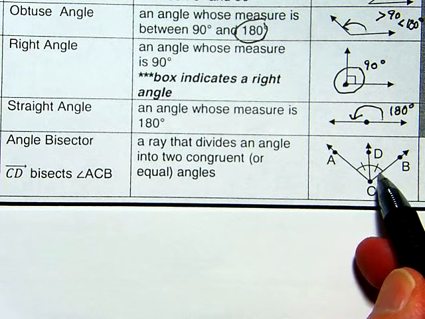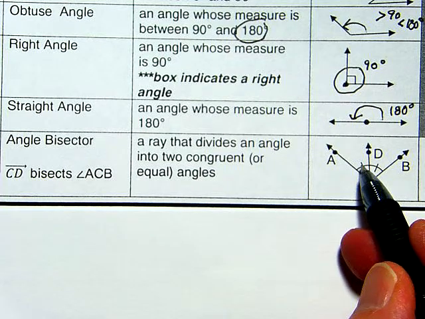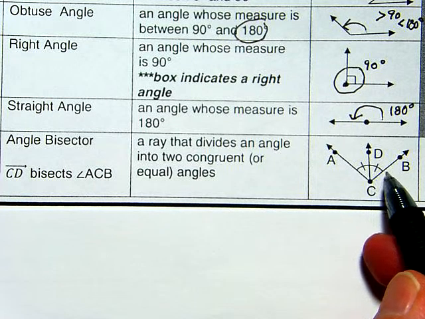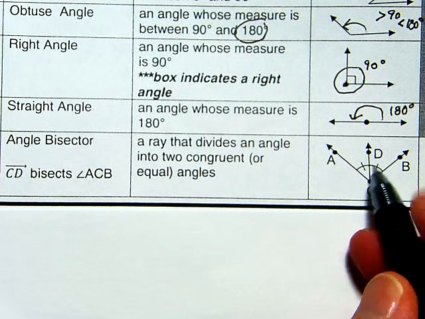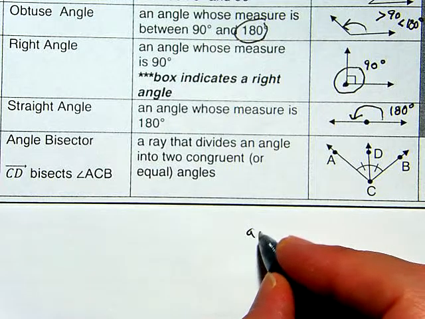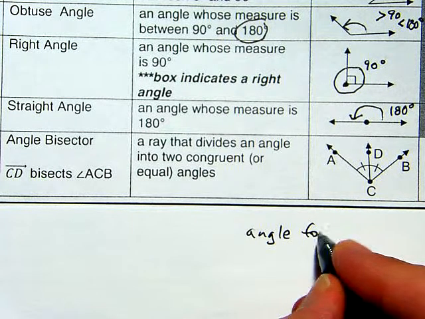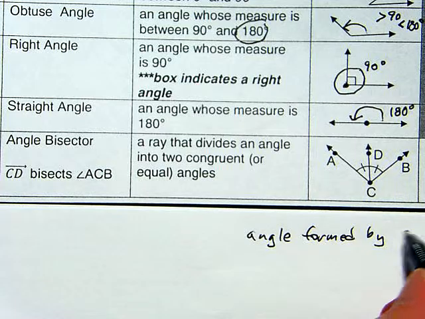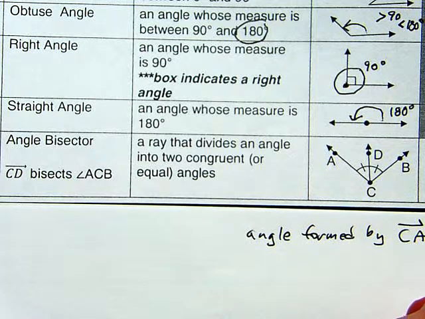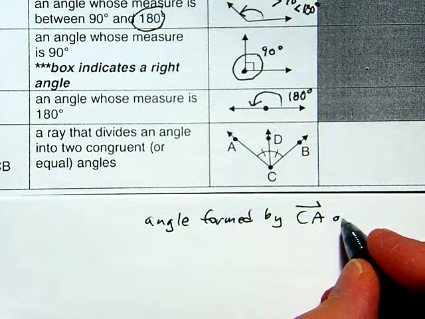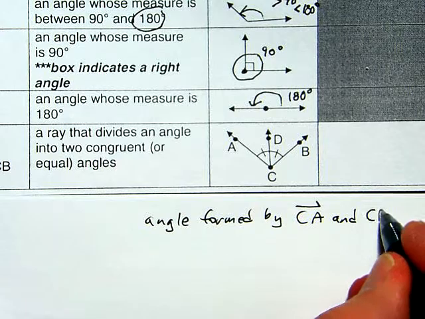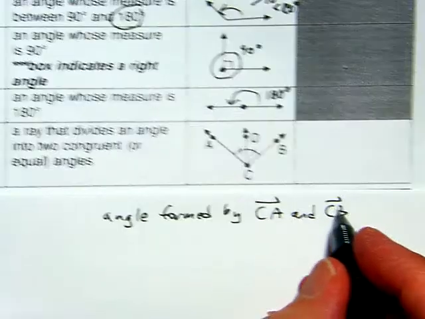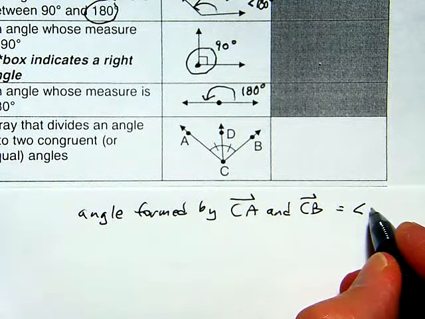going all the way from side CB to all the way to side CA, ray CB to ray CA. Okay, so the angle formed by ray CA and ray CB is angle ACB.